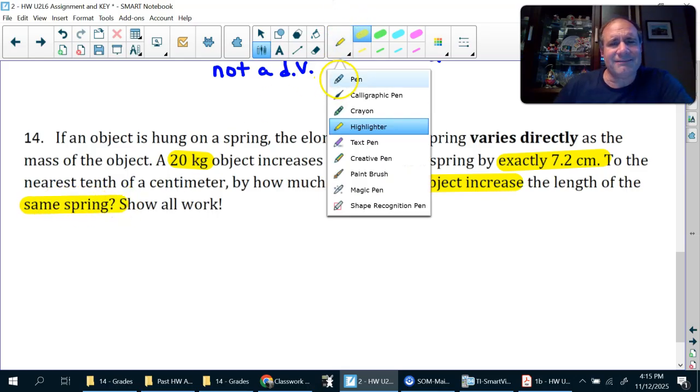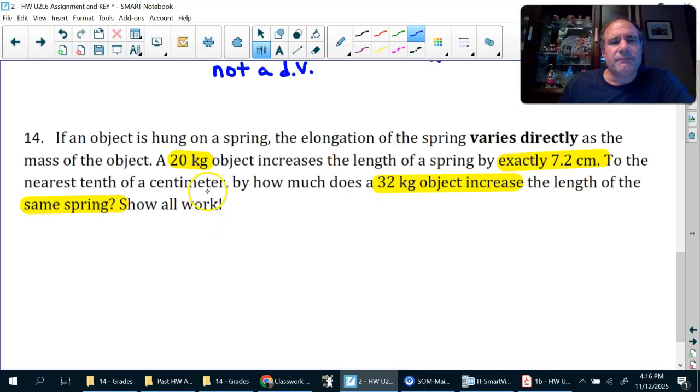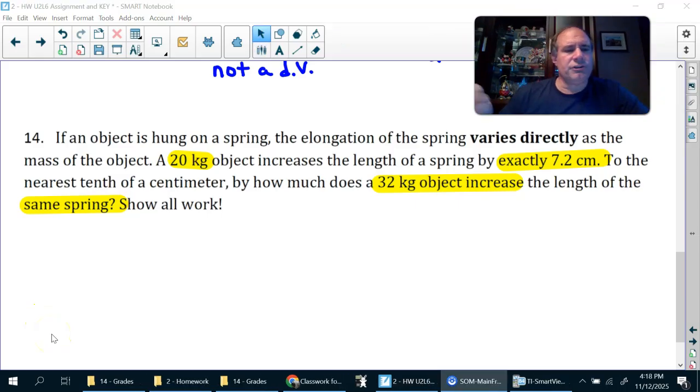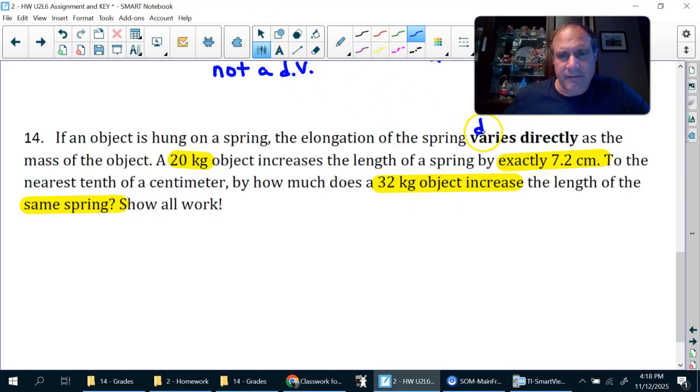So, not easy, but remember, these things are supposed to be in proportion with each other. It varies directly. That is telling you that this is a direct variation.